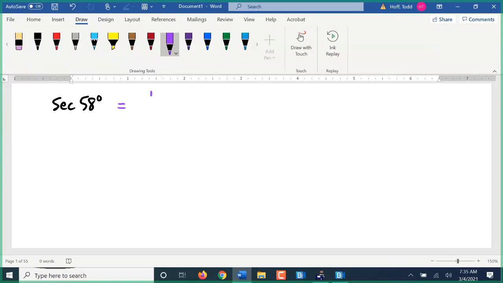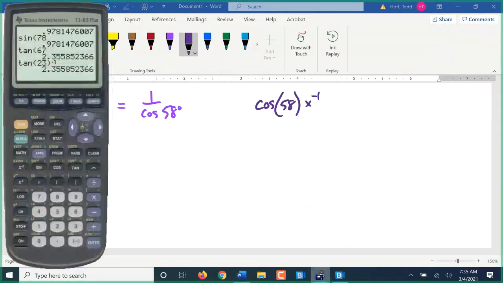Cosine. It's the reciprocal of the cosine. So what we're going to enter in our calculator is the cosine, enter the 58 degrees, and then use that x-1 key. Under cosine, type in the 58, we close our parentheses, hit that reciprocal key, or the x-1, and we get 1.887.